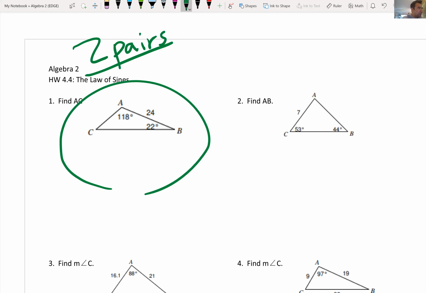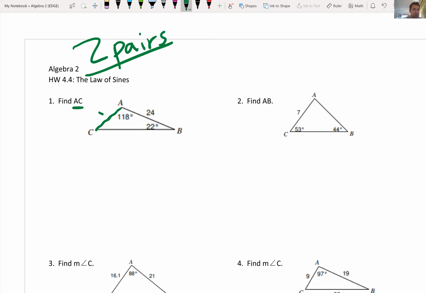Now we need 2 pairs, right? Do we have 2 pairs? Well, first of all, what are we trying to figure out? We are trying to figure out AC. Where is that? It's right here. So let's put X right there. So we want to figure out the length of a side, AC. That's what we are after.